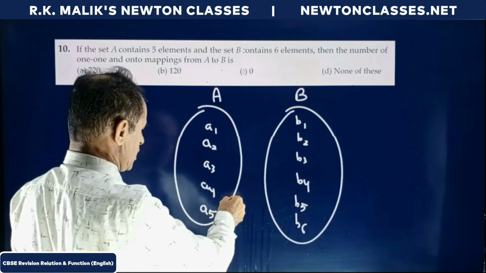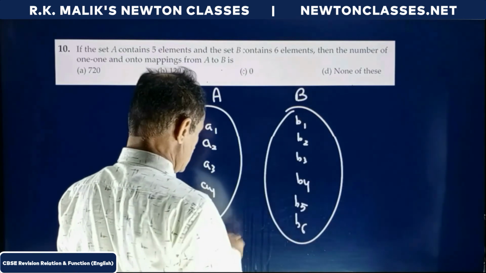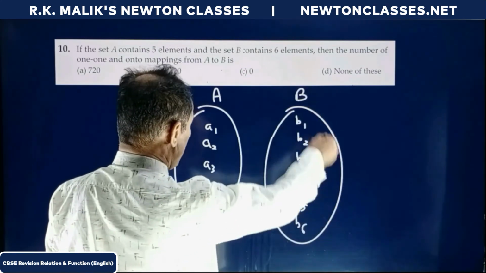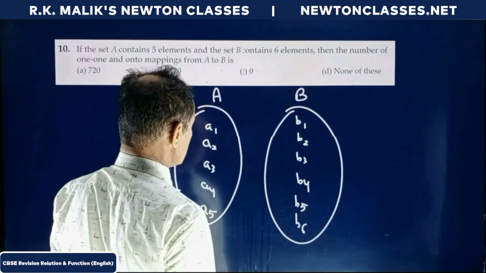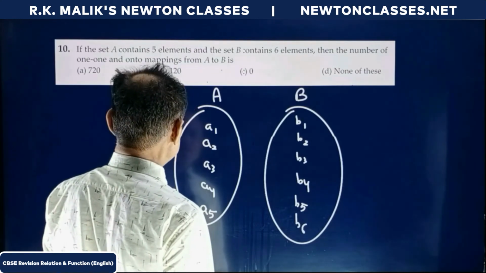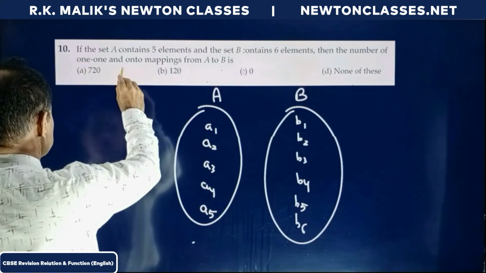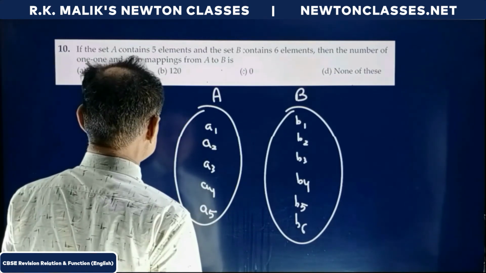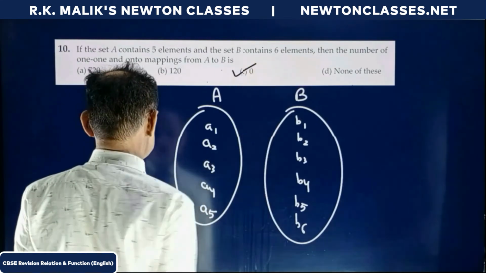that is, 5 arrows have to come out and they have to reach these elements, they cannot cover all the 6 elements. Hence an onto function is not possible. And because I want the function which is both 1-1 and onto, the number of 1-1 onto functions is 0.